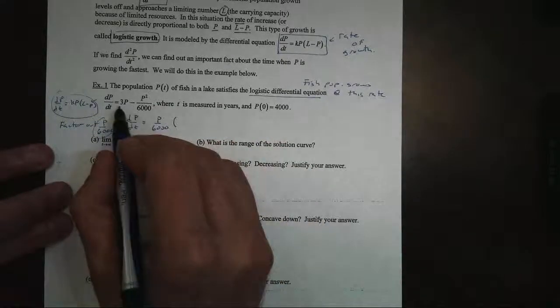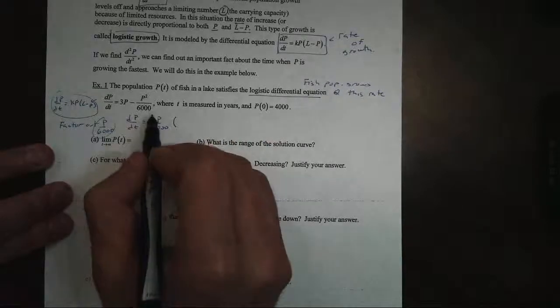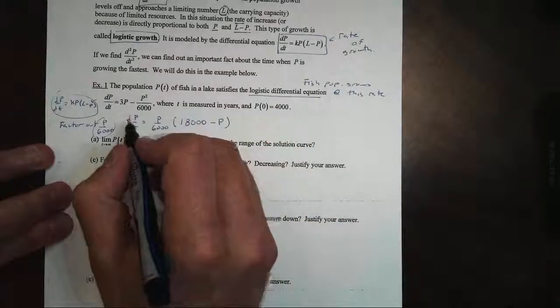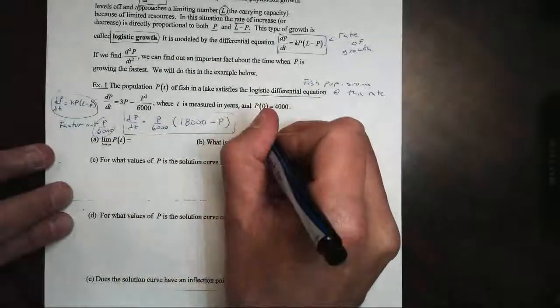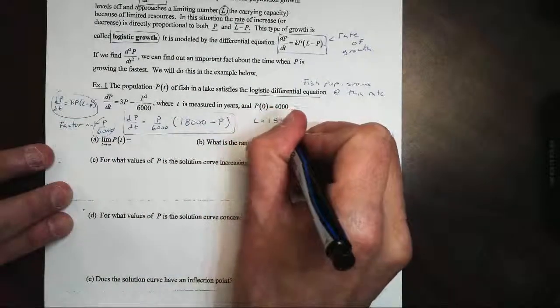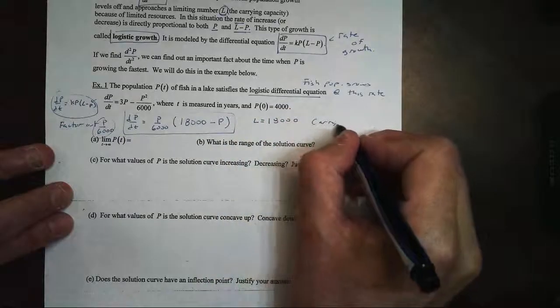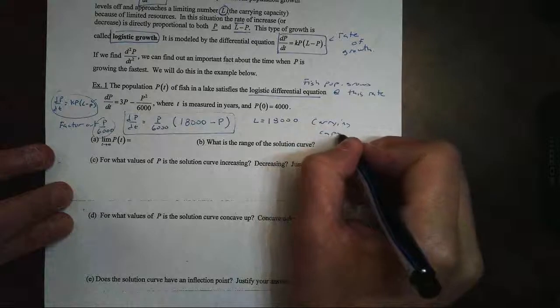This P is gone, but if I take 3 and divide it by 1 over 6,000, be very careful, I get 18,000 minus P. This right here is our differential that we're going to solve. Now be careful, we already know what L is. L is 18,000. That is our carrying capacity.